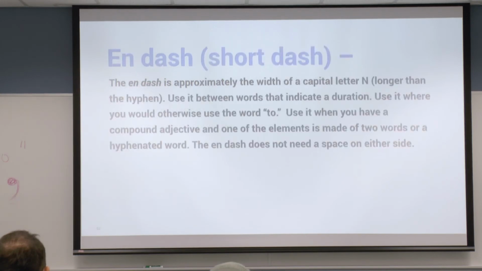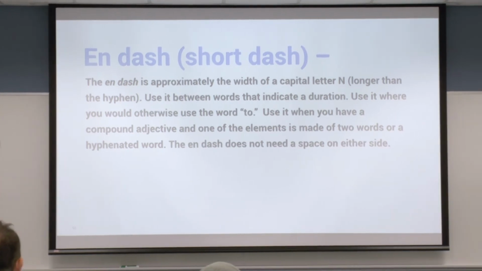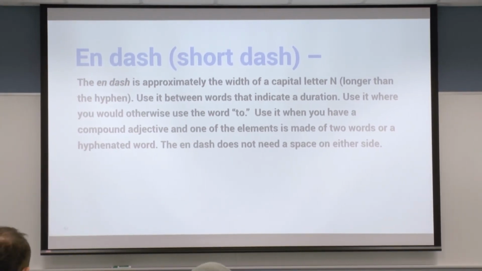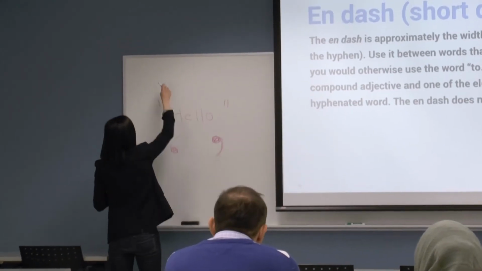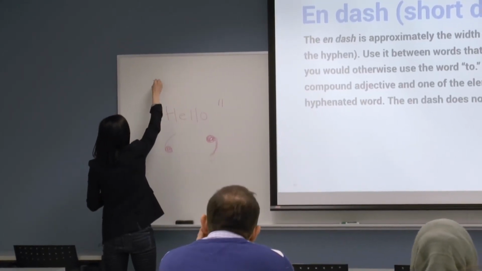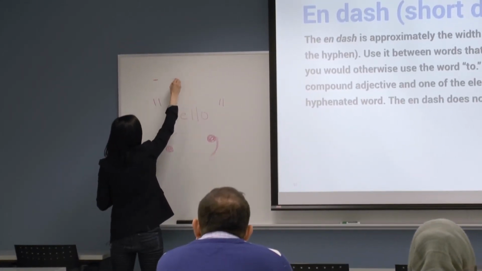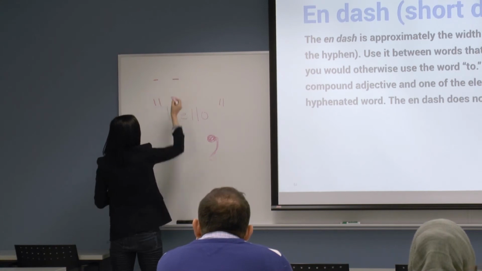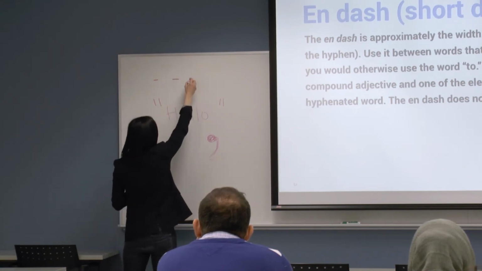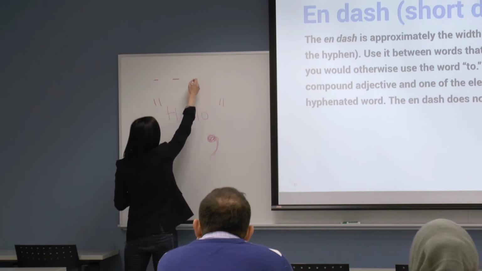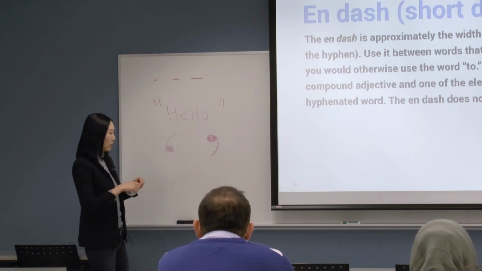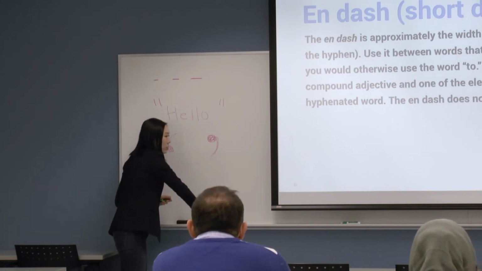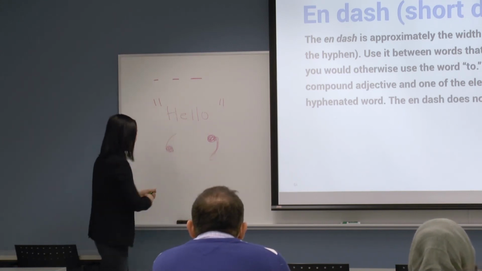And what's a dash? Essentially there's three. Let me redraw this. There's my hyphen, which is the shortest, and then there's a dash that's a little bit longer than the hyphen, and a dash that's a lot longer than the hyphen. So there are two different dashes.